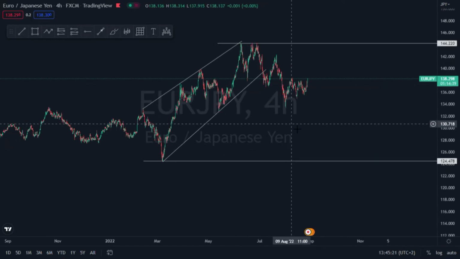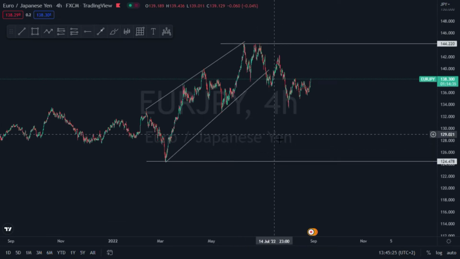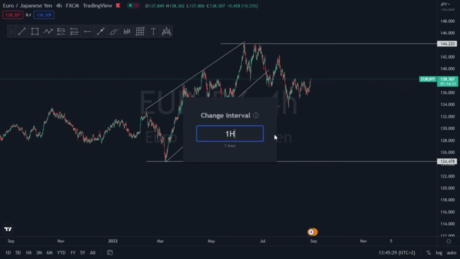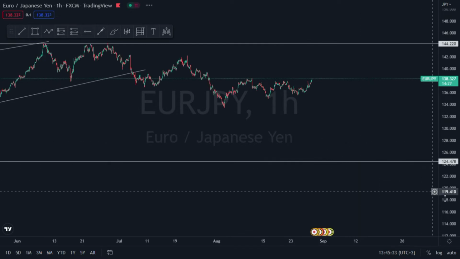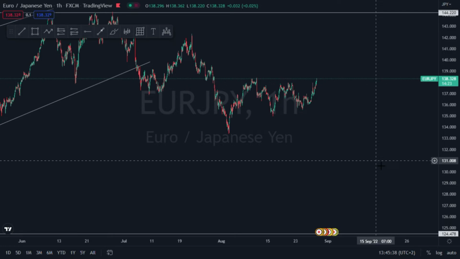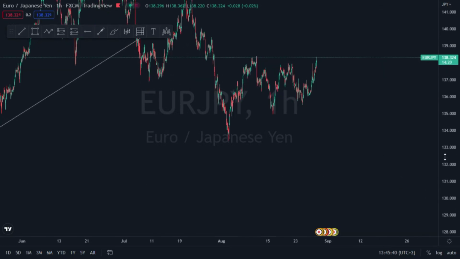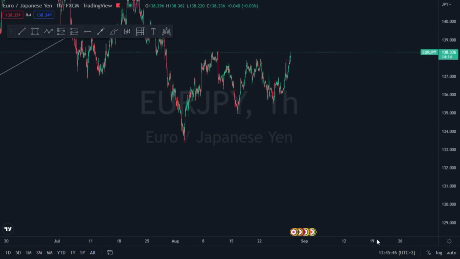So what we have to do right now is to just scale it down furthermore, let me just scale it down to the 1 hour time frame, just to get a clear understanding on what is happening on this current market movement, and how I can actually enter this market.